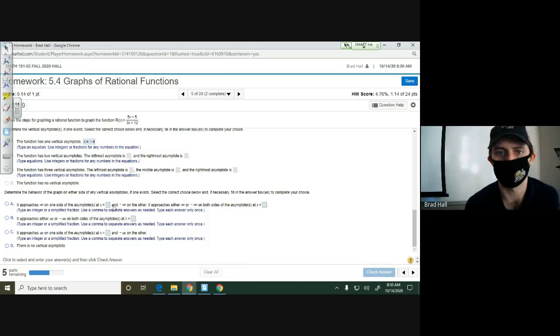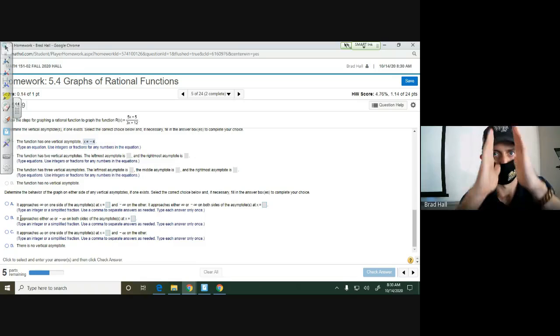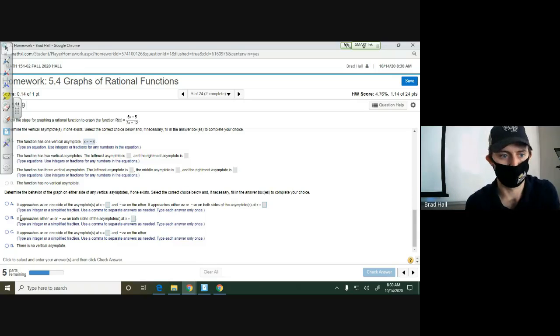So we're not going to pick choice A because choice A is implying that we have two asymptotes, and we don't have two, we have one. Choice B is saying that both sides will go up or both sides will go down to either positive infinity or negative infinity. That's not the case.